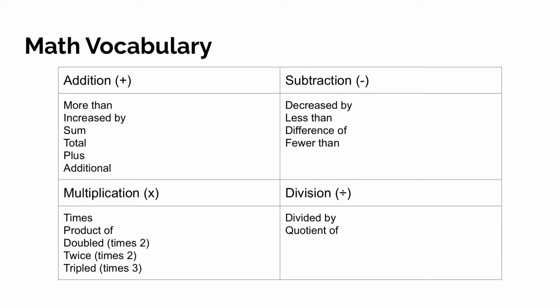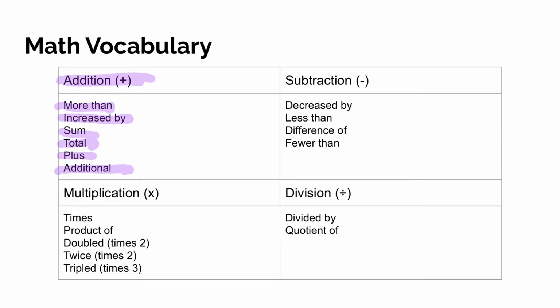So key vocabulary to keep a lookout for during word problems are addition words. When you see the words more than or increased by, the sum of, the total of, plus, or additional, those are all addition words. It means you are adding the 2 terms together.